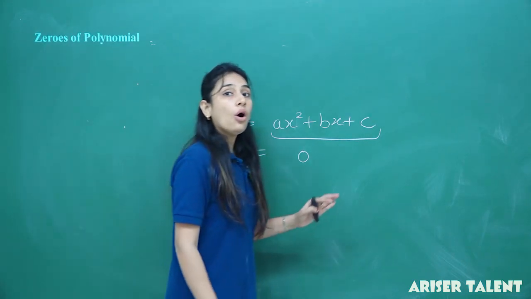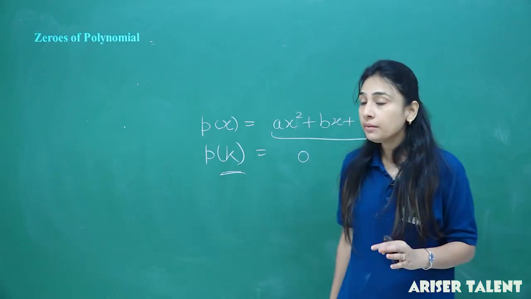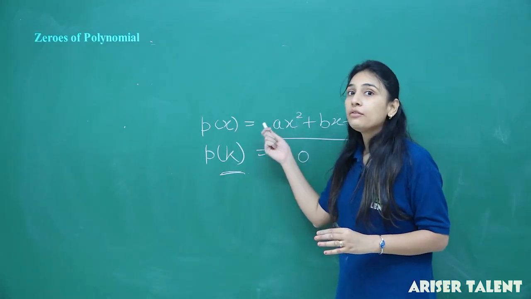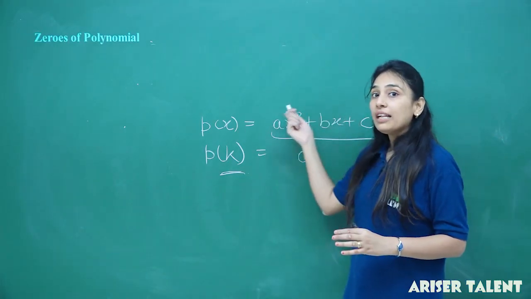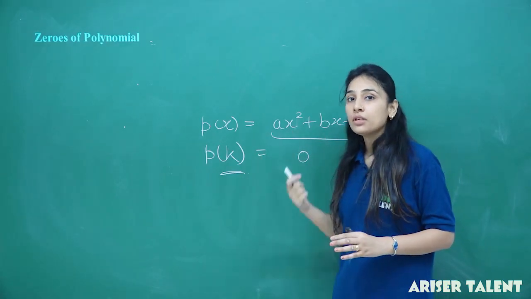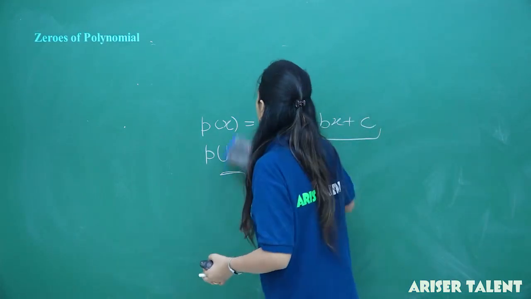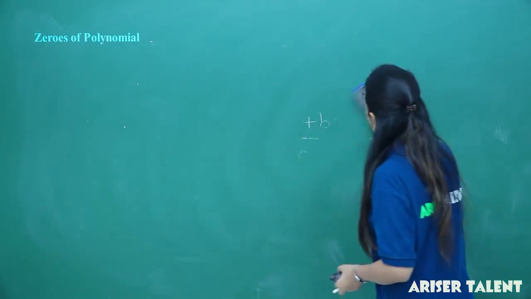So a zero of a polynomial is nothing but the value at which the value of the polynomial becomes 0.